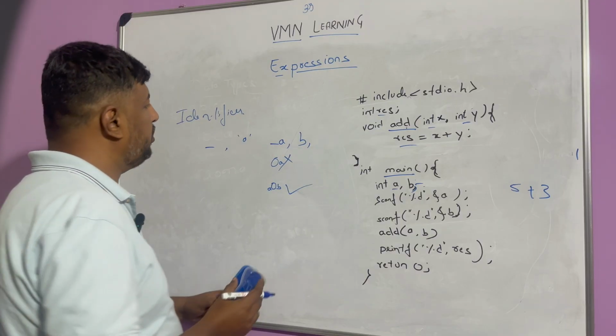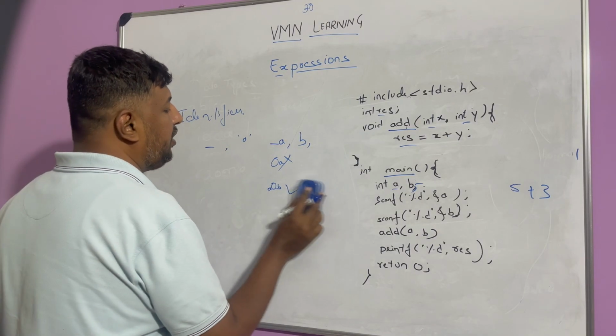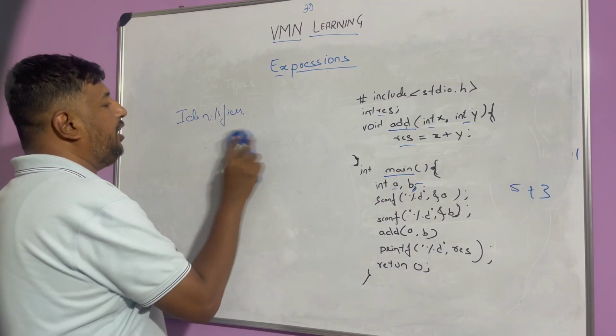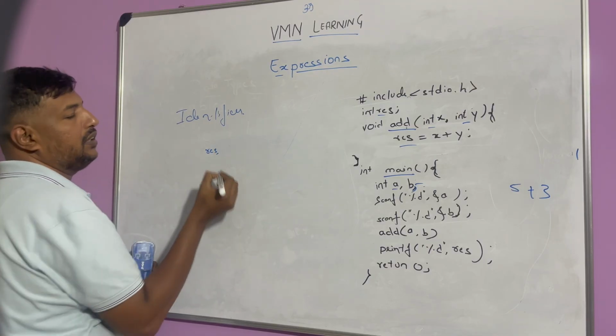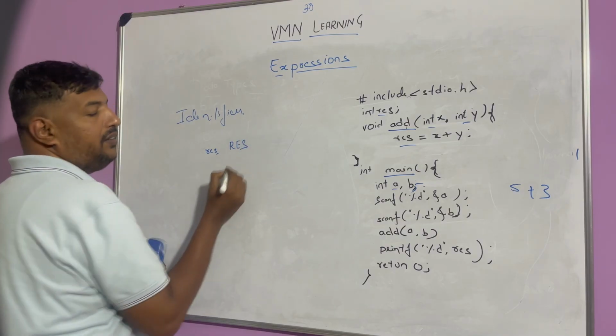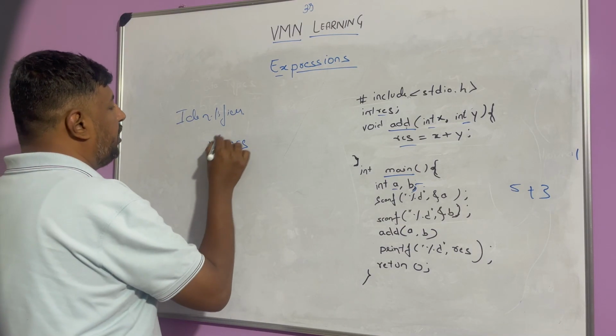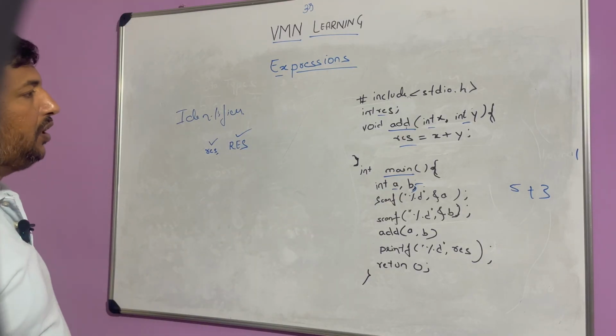Okay, so these are the identifier rules, and these identifiers are case sensitive. That means your Res and res are both different values. You can use both in a single program, in a single block.